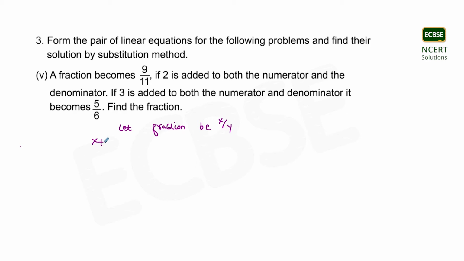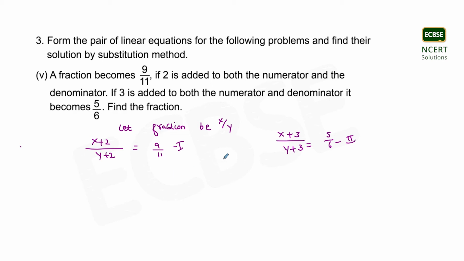So now we will be adding 2 to both the numerator and the denominator, which will be equal to 9 by 11. Let this be the first linear equation. And also it's been given that if 3 is added to both the numerator and the denominator, it becomes 5 by 6. Means (x plus 3) divided by (y plus 3) is equal to 5 by 6. This is the second linear equation.